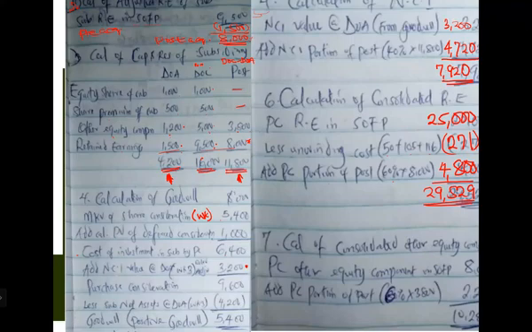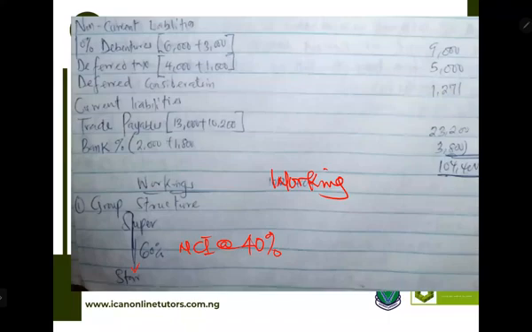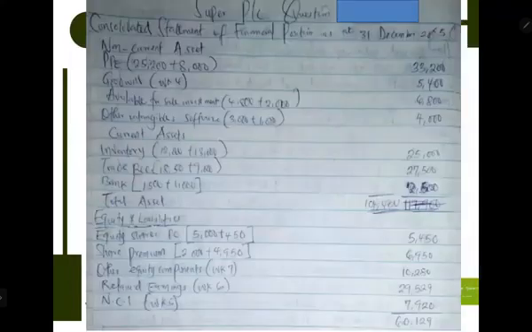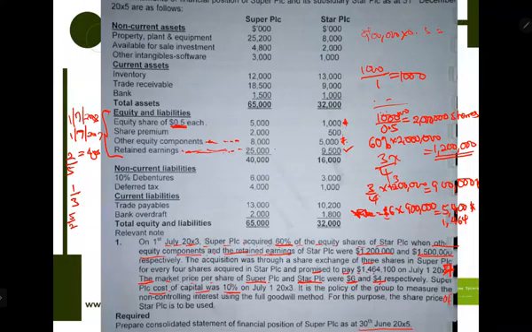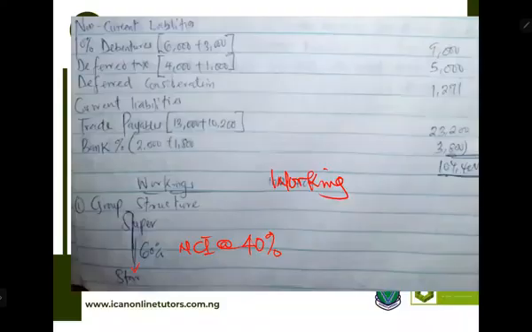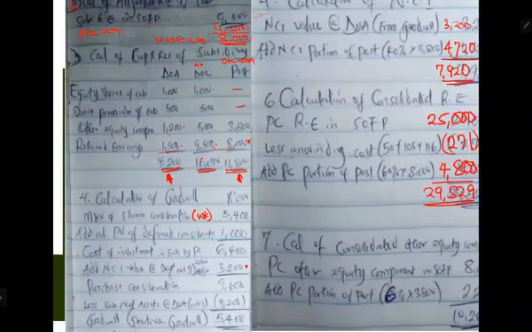Since we've done that, we also have other equity. So go and do consolidated other equity. For all our 7 rules, we never had other equity there, but other equity is also a component. Do not include it under retained earnings. If you look at the SOFP, other equities of the parent in the question is 8,000.